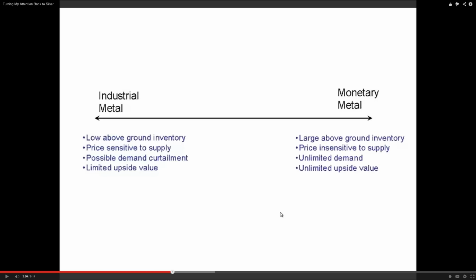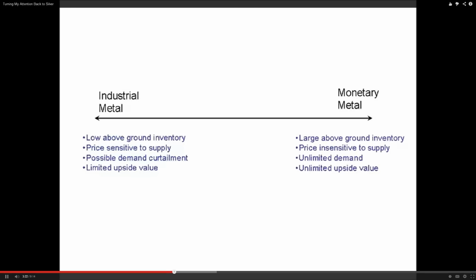But that's not the case with silver, because if we look at the uses of silver, there virtually are no substitutes, and one of the only substitutes is gold. So the argument about elasticity of industrial metals does not apply to silver, in my opinion.